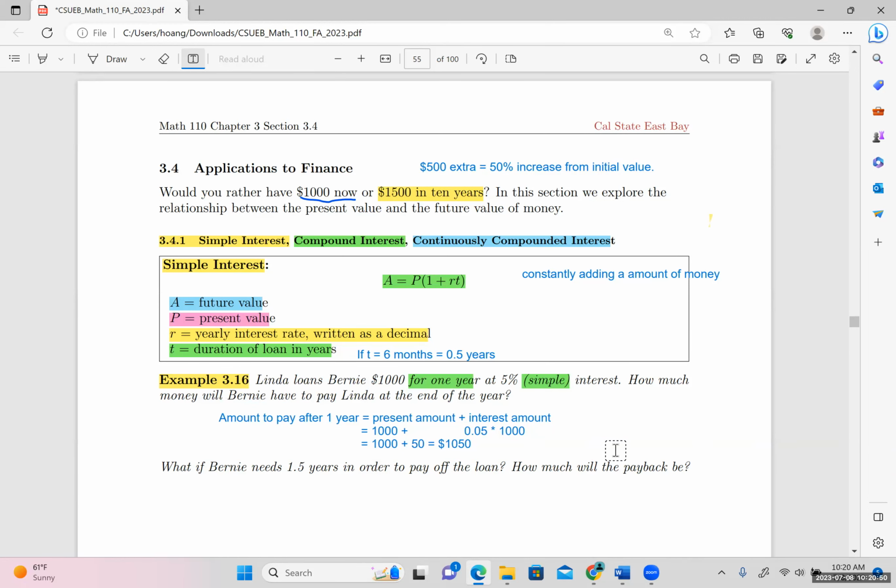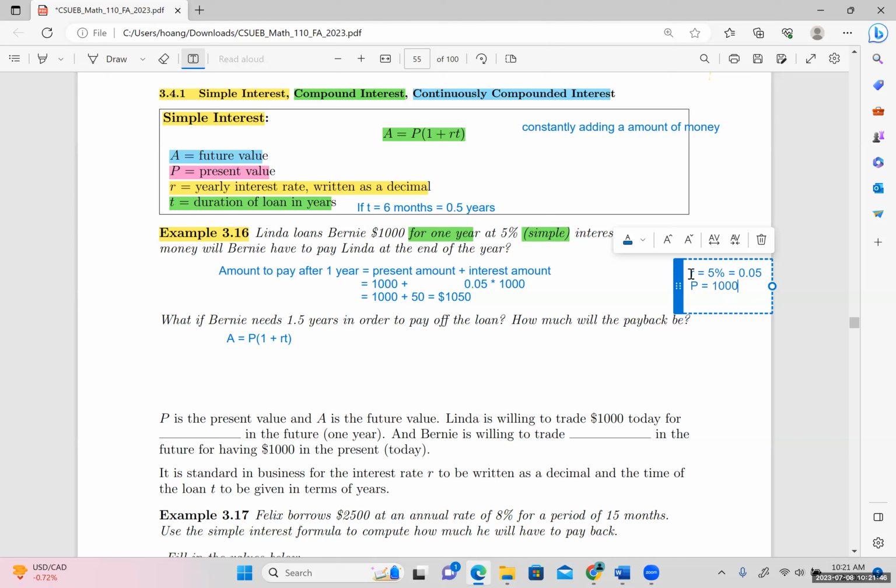Keep in mind that we have R here as 5%, which is 0.05. P here is 1,000. T here is 1.5 years for the second case.